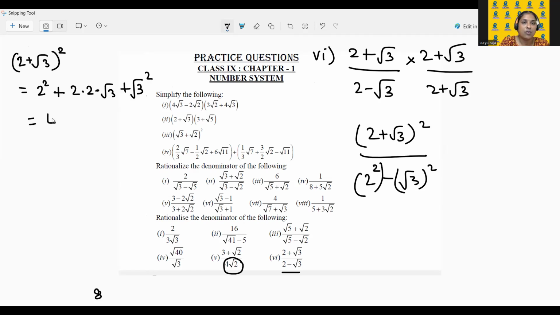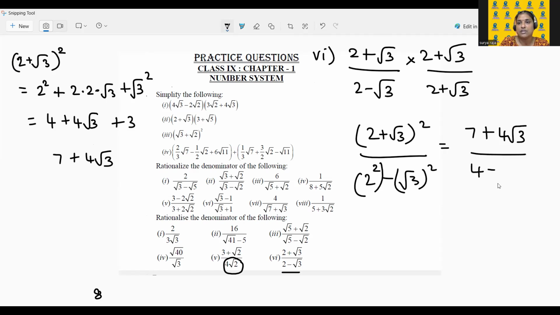I got 4 plus 4 root 3 plus 3, which is 7 plus 4 root 3. And for a square minus b square, we can simply write 4 minus 3, which is 1. So instead of 2 plus square root of 3 the whole square, I can write 7 plus 4 root 3 over 1. As the final answer I got 7 plus 4 root 3.